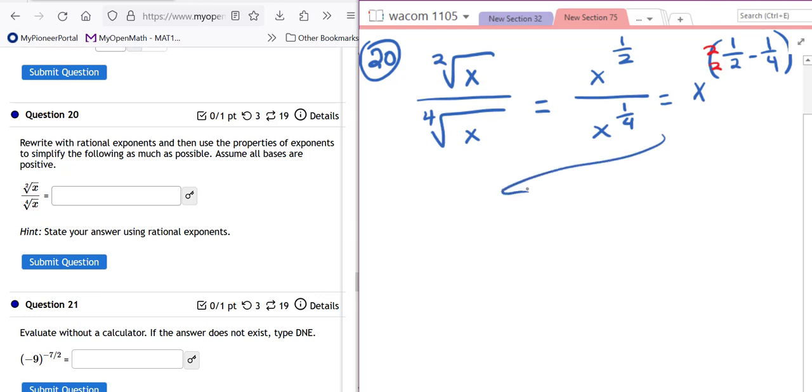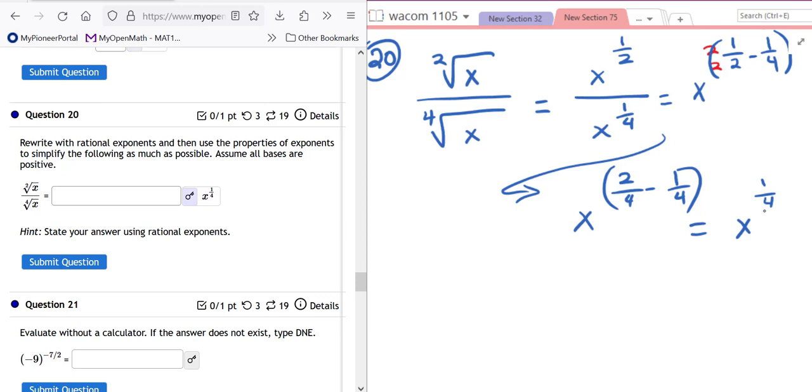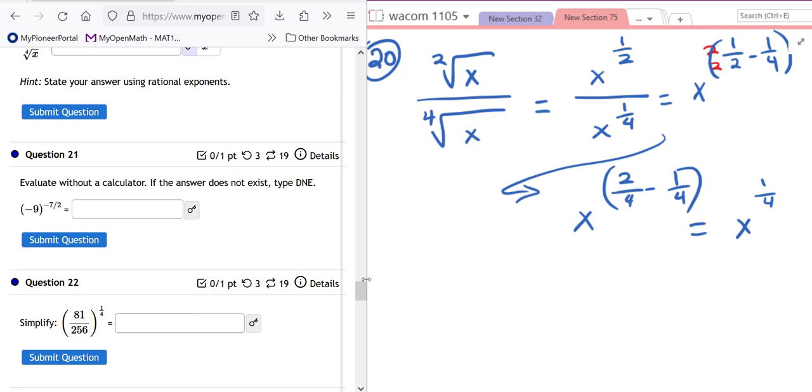So we have x to the 2/4 minus 1/4 gives us x to the, subtract the numerators, keep the denominator. And they tell us to state your answer using rational exponents. So there we go. Not as bad as it looked.